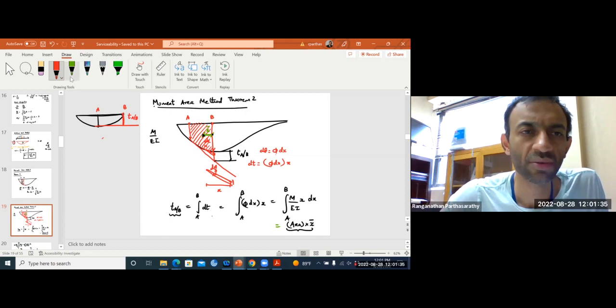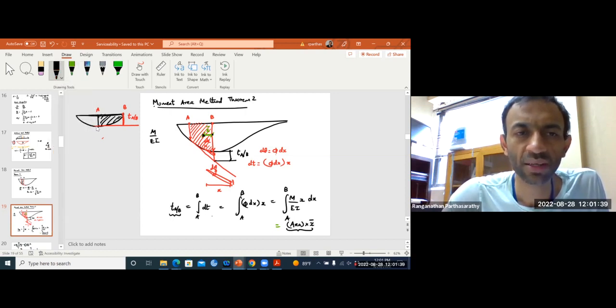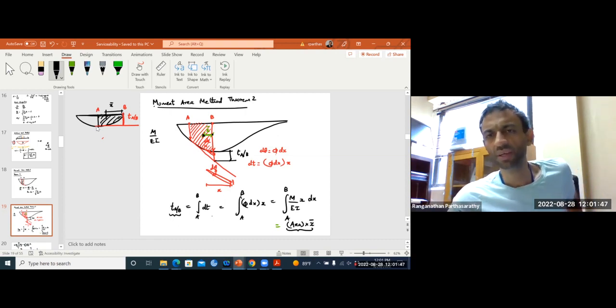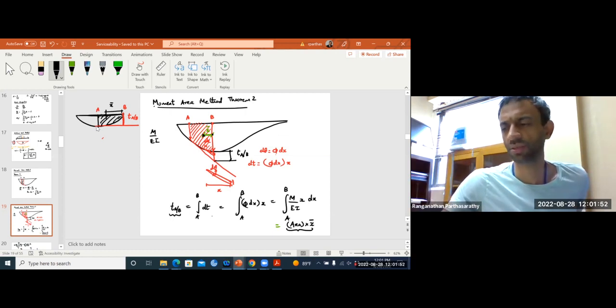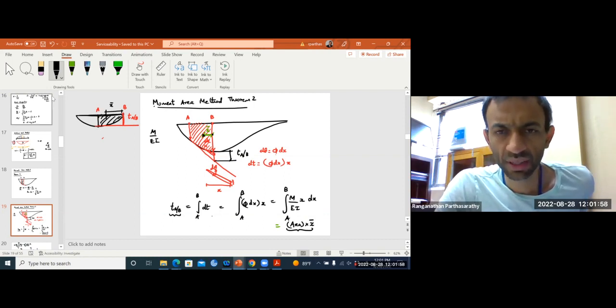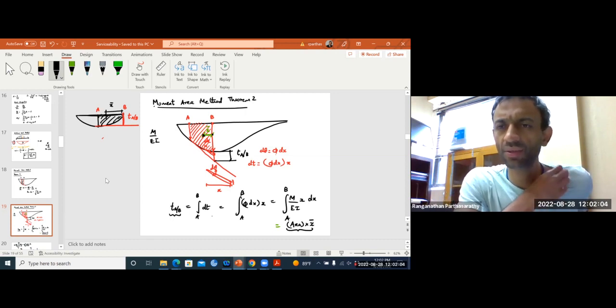So for a simply supported beam, if you take this area and multiply by this centroid distance, which is 2/3 of the distance x for a parabola, you directly get your answer. So a lot of times the moment area method will give you your deflection as a very short shortcut.